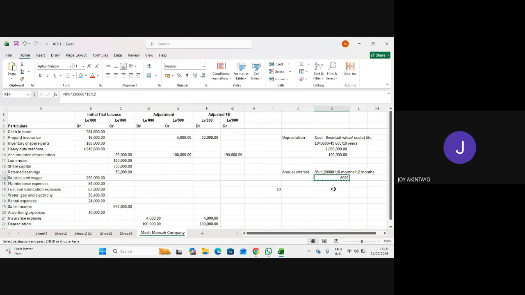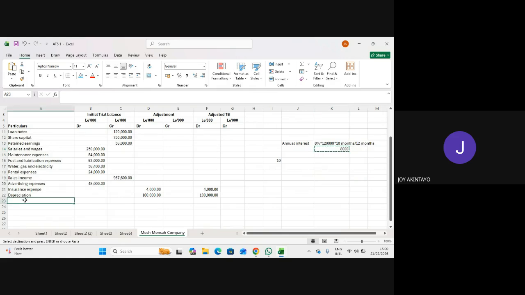So you come here, interest expense. If the money has not been paid, so we said accrued interest, or we call it accrued interest payable.